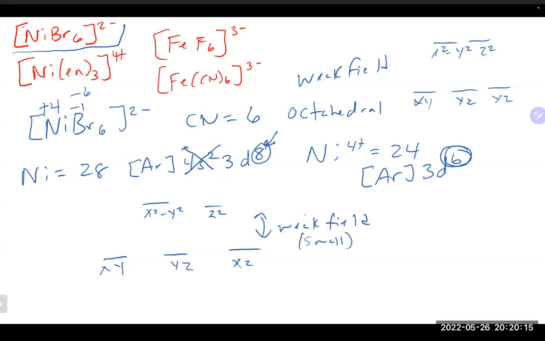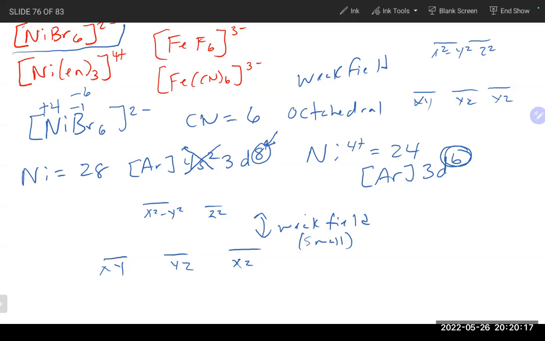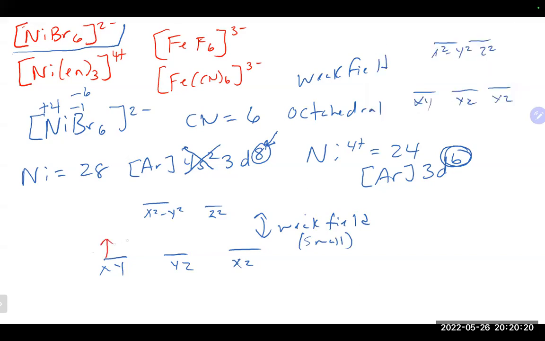So as these electrons go in here, they are going to go 1, 2, 3, and go. That's not too high up there. So 4, 5, and one more back down here to 6. We actually end up with 4 unpaired electrons in this case, right? And this would obviously be a high spin complex because we have a good number of unpaired electrons. Any questions on that distribution?